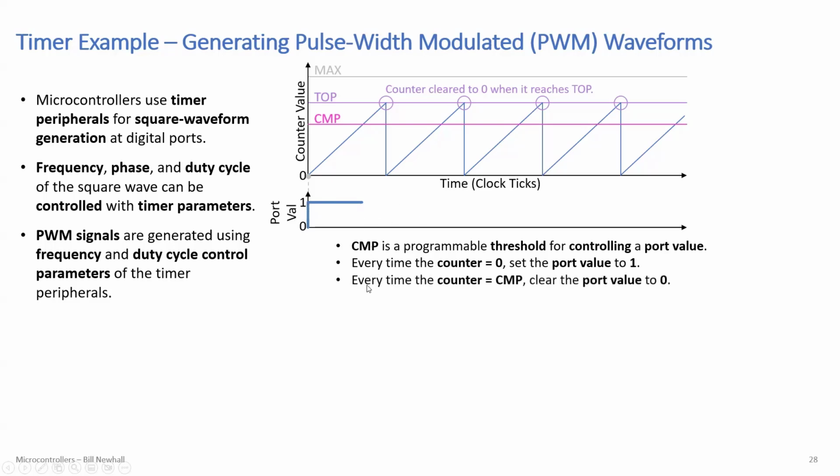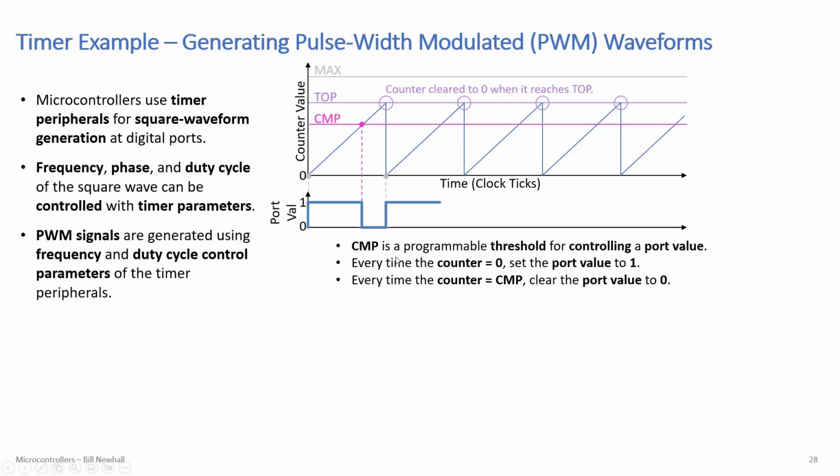That thing that happens is every time the counter equals the comp value, the compare value, we're going to clear the port value to 0. So right here, I've hit the CMP value, and the port value goes back to 0.